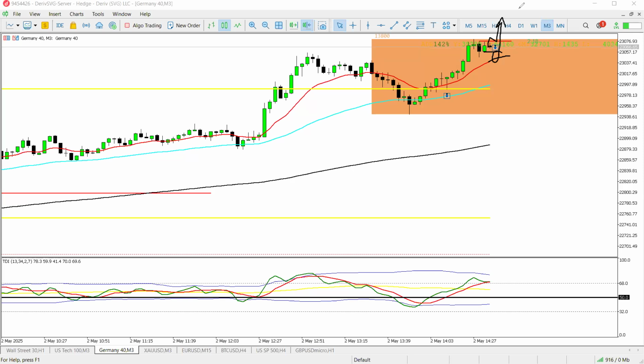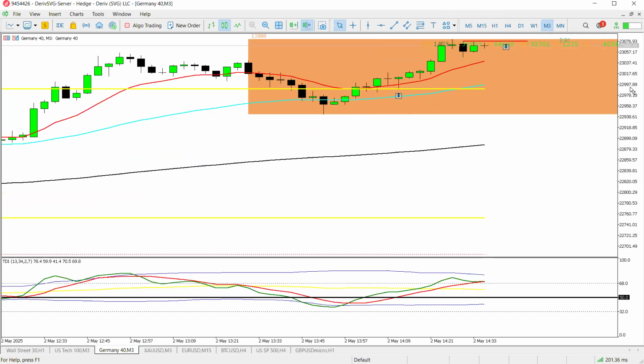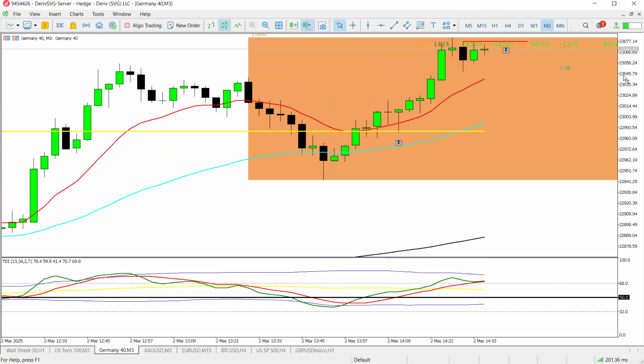The setup only becomes invalid if price comes below the 13 EMA on M15 or H1. But as long as we're still above, we're going with the trend, which is bullish, and I'm still anticipating buys until price shows me otherwise. Let's see what happens here.